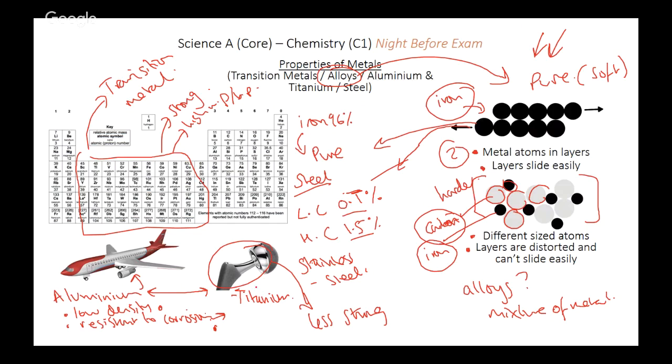So two completely different metals. Aluminium found over here on the periodic table, completely different to titanium. Very similar properties in the fact that they are both low density and resistant to corrosion. However, titanium is just less strong than the other ones.